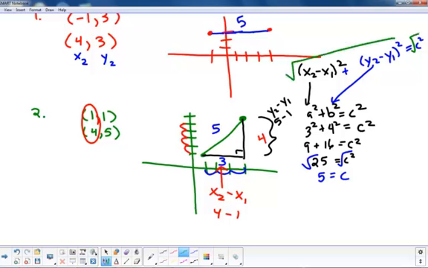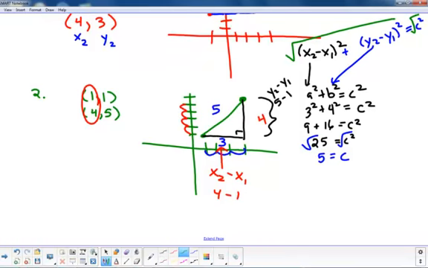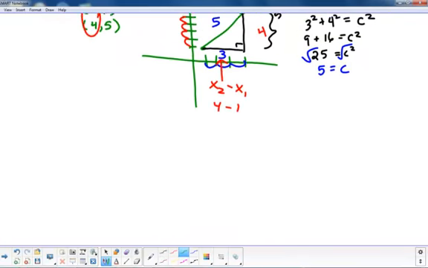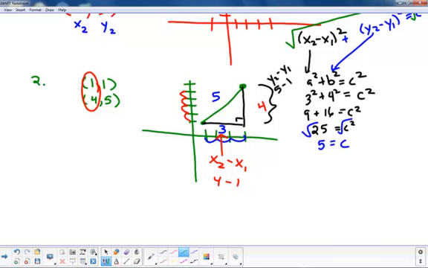So the distance formula can be written as the square root of the difference of the x's squared plus the difference of the y's squared. It's really just the Pythagorean theorem.